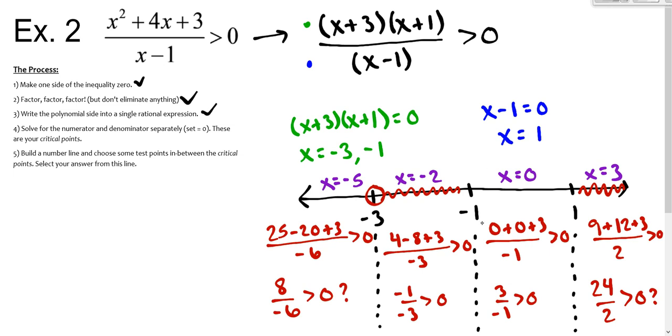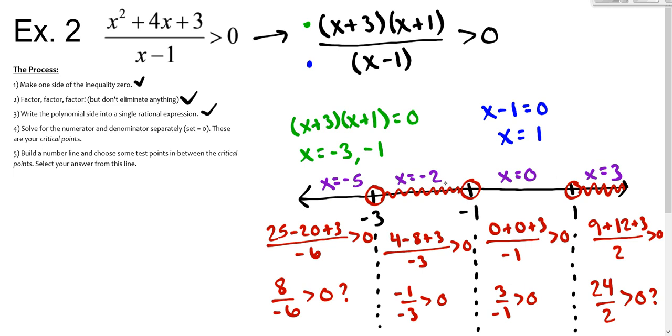Same thing would happen at -1. If I plugged in -1, I would get 2 times 0 over -2. Well, 0 is not greater than 0, so I'd have to use an open circle again. The third critical point that I found was at 1. Well, 1 is from the denominator. The denominator can't ever be equal to 0, so it can't ever include 1. So all of those are going to end up being open circles.